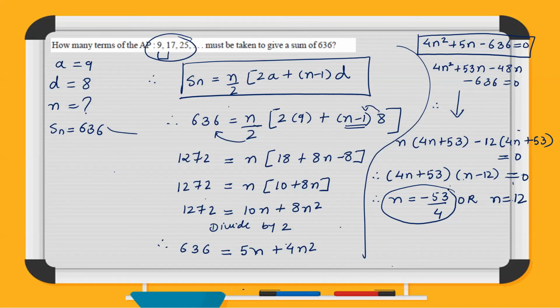It always has to be a positive natural number, right? So we take n is equal to 12. Hence, you write down the statement that the first 12 terms of this given AP should be taken to give a sum of 636, right?